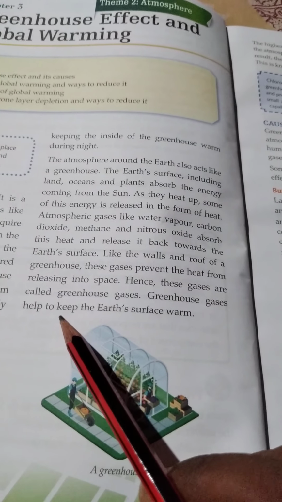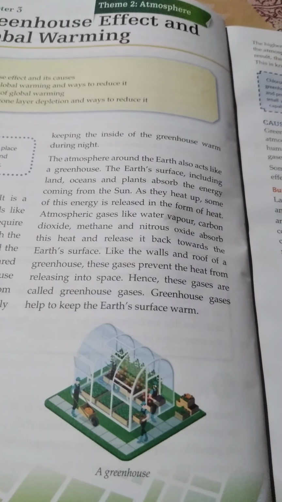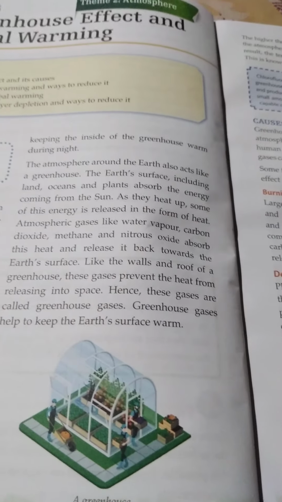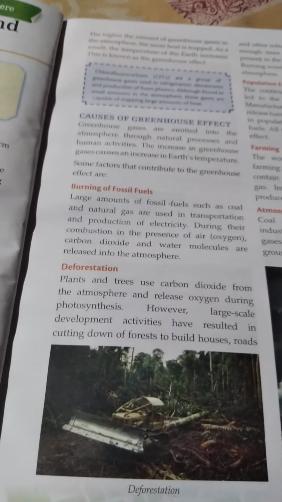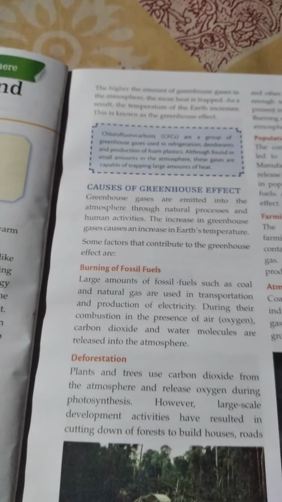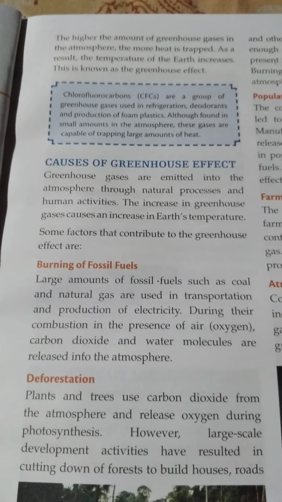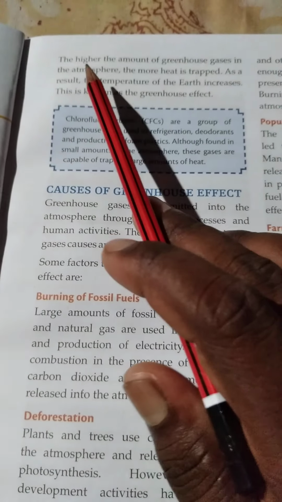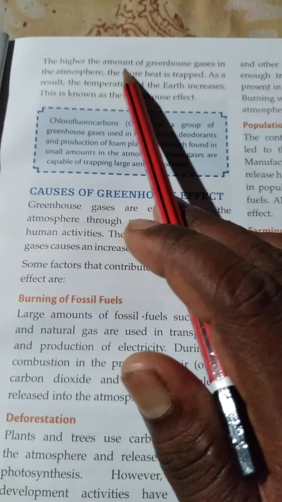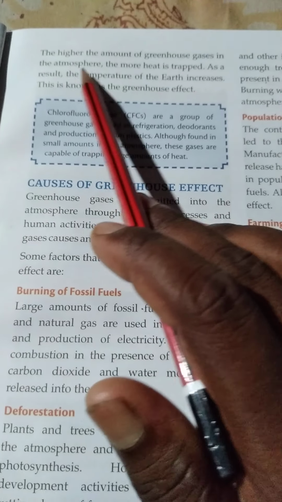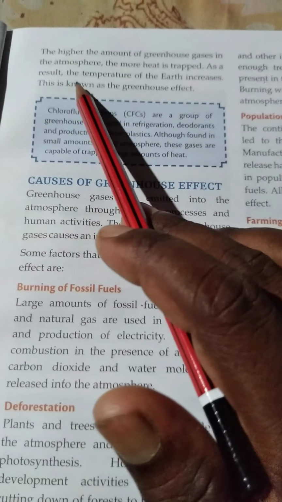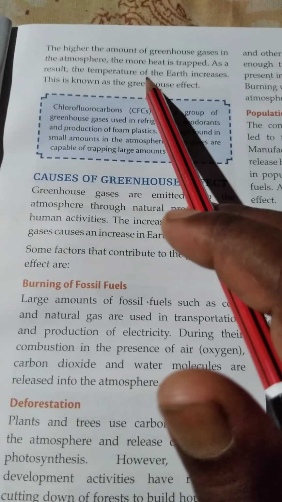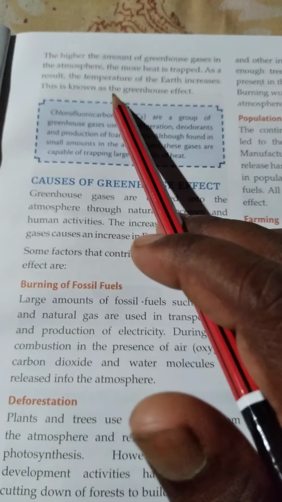Greenhouse gases help to keep the Earth's surface warm, and they keep the temperature in a proper condition. Now, the higher the amount of greenhouse gases in the atmosphere, the more heat is trapped. As a result, the temperature of the Earth increases. This is known as the greenhouse effect.